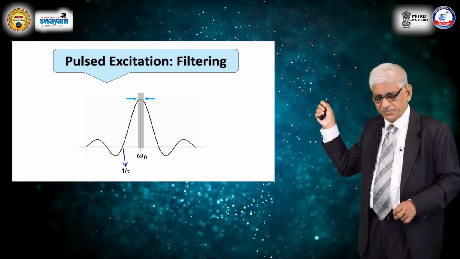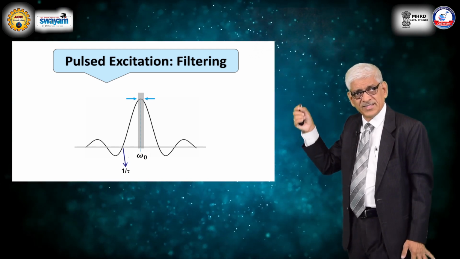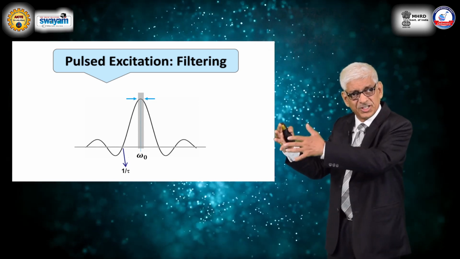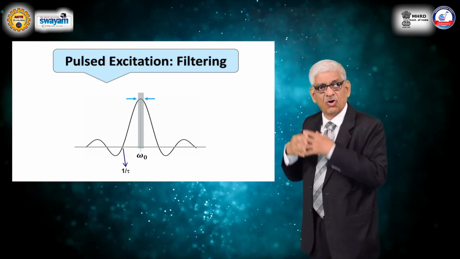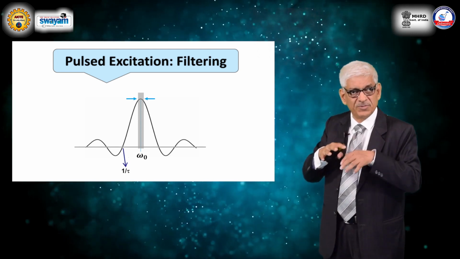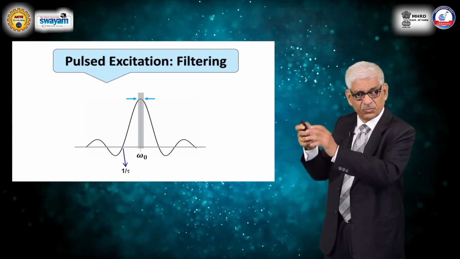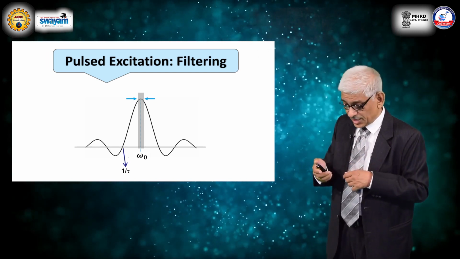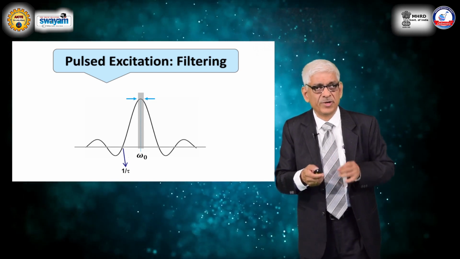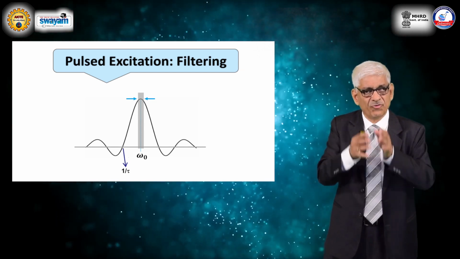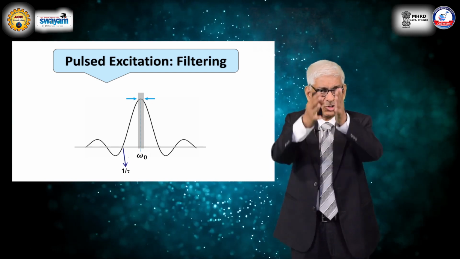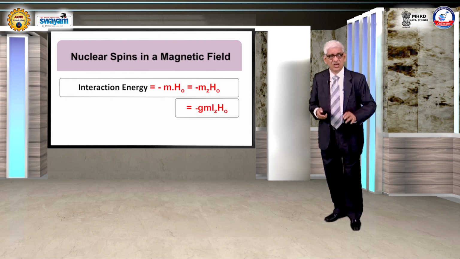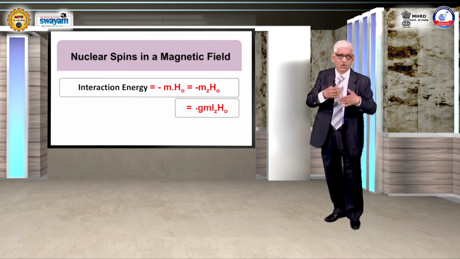They have similar amplitude, and therefore they will excite your spin system to a similar level, because the excitation efficiency depends on the amplitude of your RF, as the power is proportional to the square of the amplitude, and the power determines how much energy is absorbed. And therefore what you do is a thing called filtering. So you filter out the other frequencies, and choose only those which are required for you in the central portion.